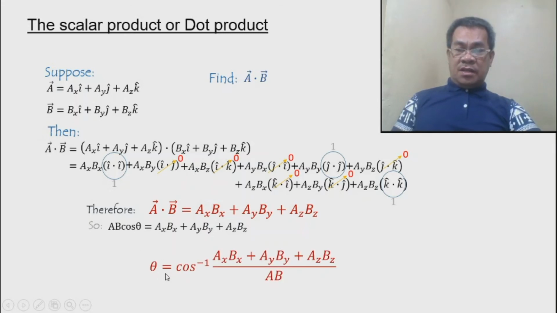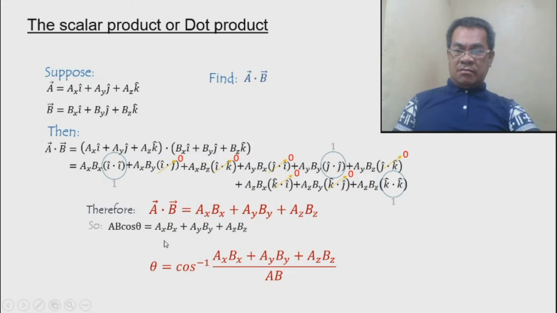So if the angle between the vectors is unknown, you can calculate it using their values in terms of the unit vector by what? Inverse cosine. Because we are solving the angle, if we divide both sides by AB, then this is the result.